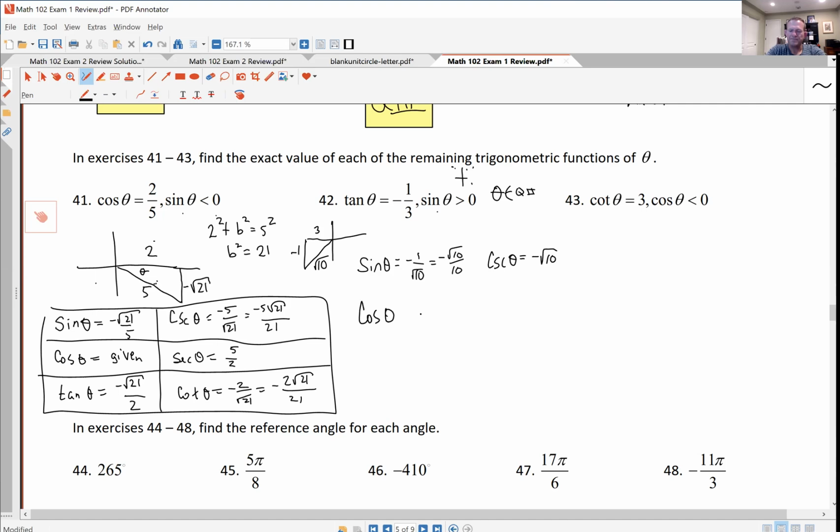Cosine of theta is 3 over root 10, or 3 root 10 over 10, which makes the reciprocal function root 10 over 3. Tangent of theta was given, and the cotan theta then is negative 3.